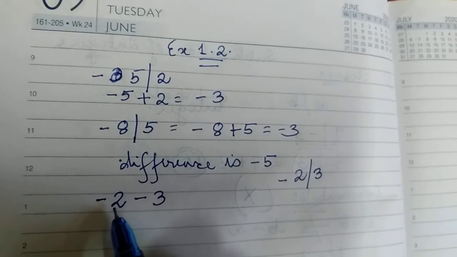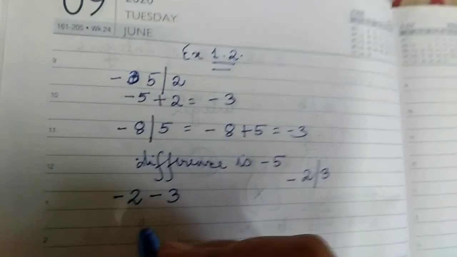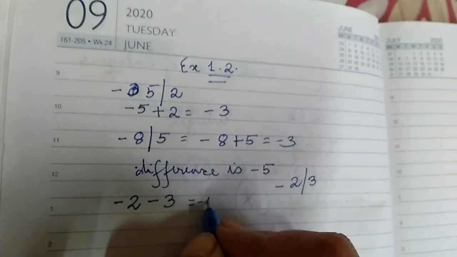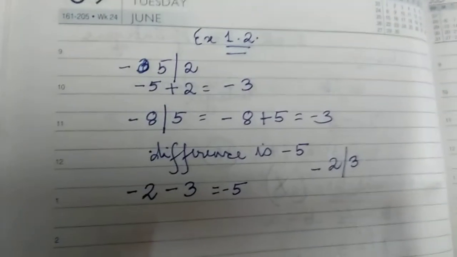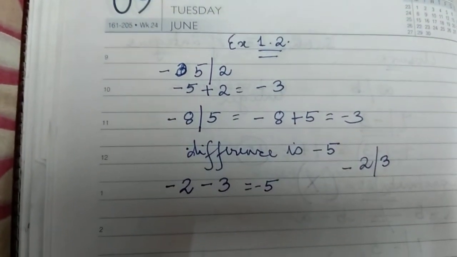So if I do minus 2 minus 3, the result is minus 5. Have you understood? Okay.